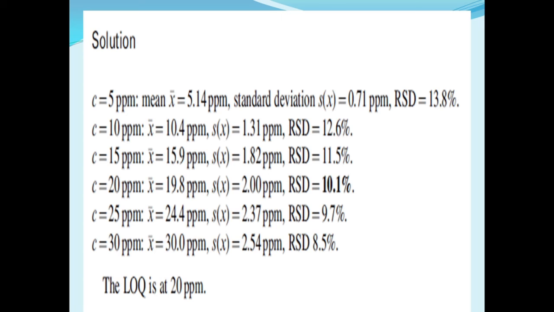Then calculate the relative standard deviation. The relative standard deviation is 13.8% for the 5 ppm concentration. The 5, 10, 15, 20 are already given in the problem. Like that, for all other concentrations you calculate the relative standard deviation.